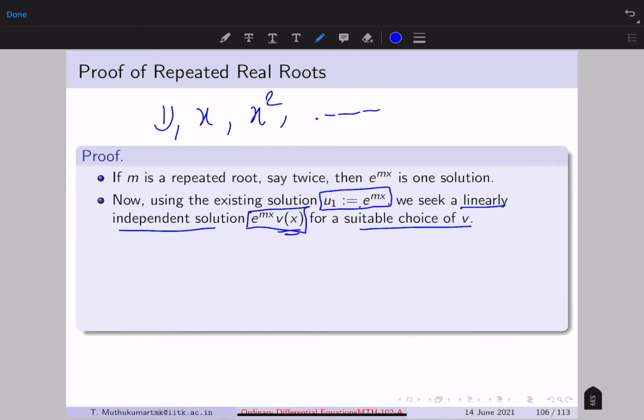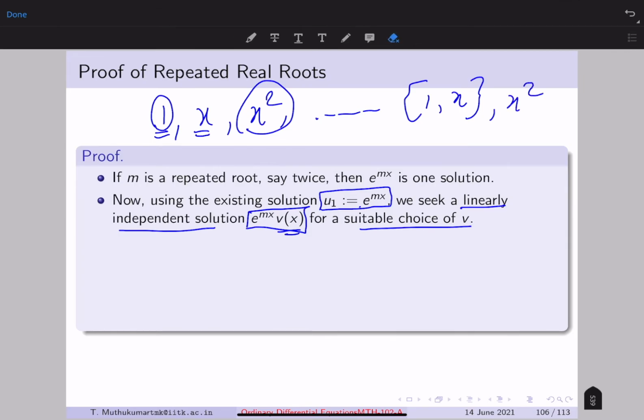So once I start with 1, I could also choose x square, right? But to keep things simple, not to increase order and so on, if you're looking for a linearly independent function for the set 1 comma x, then the choice should be to add x square. Now for this set, the possible next choice is to add x cube and so on.